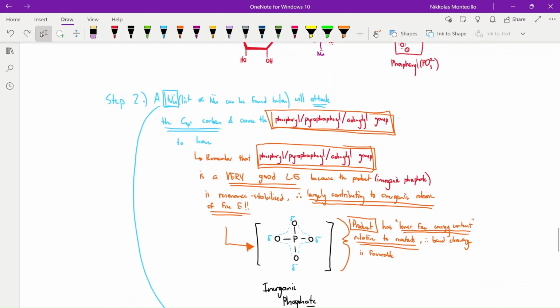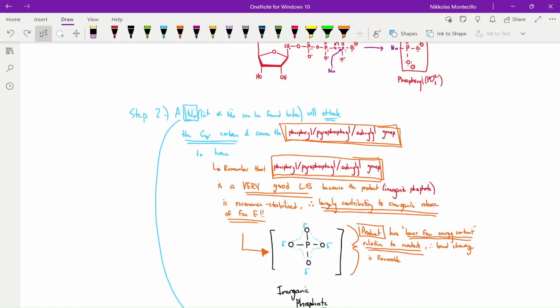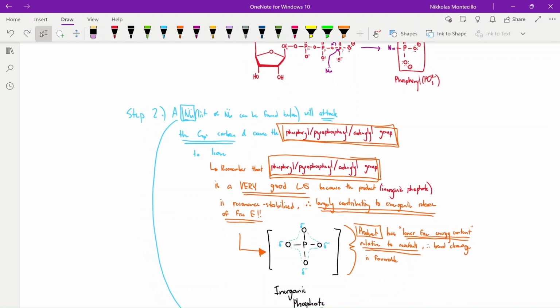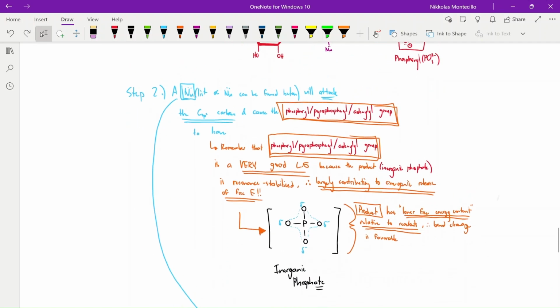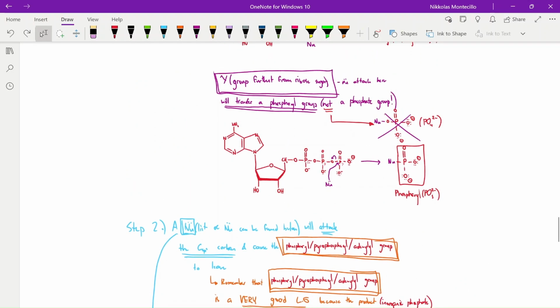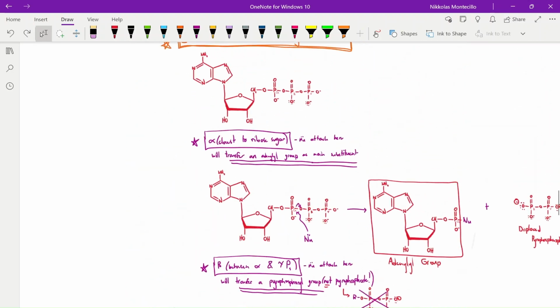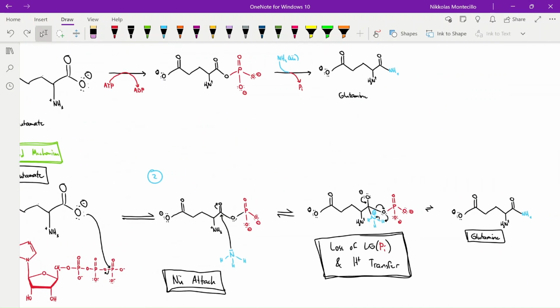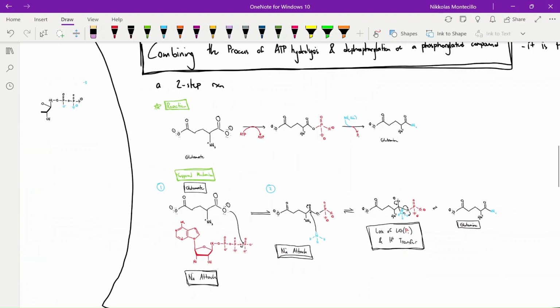So, just as I described before, once that inorganic phosphate group forms, it releases a lot of potential energy, which allows the nucleophile to effectively attack the molecule of interest, which in this case was the phosphorylated glutamate, right?